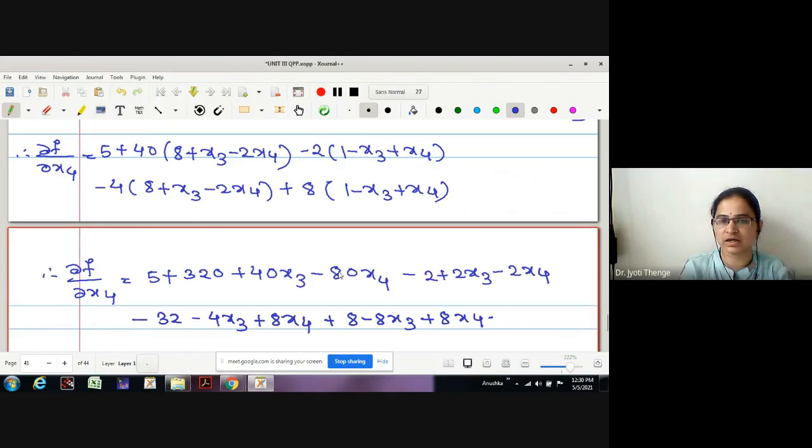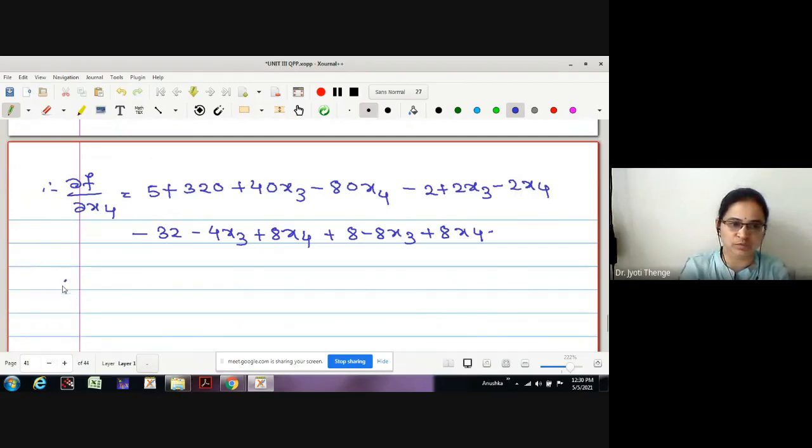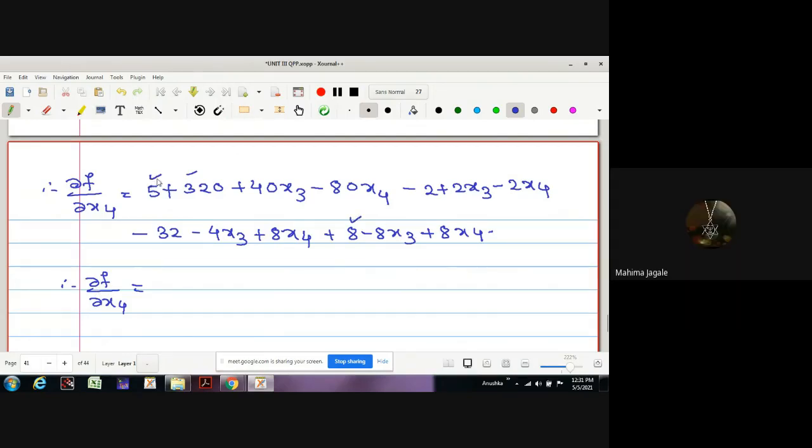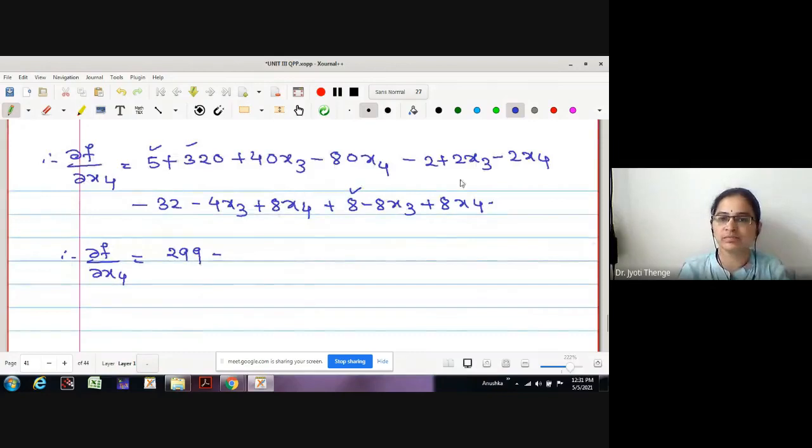Let us collect the constant term and the coefficients of x3 and x4. Constant term: 5 plus 320, 325. Let me select positive terms. 325 plus 8, 299, ma'am. Good, this is 299. What for x3? 40 plus 2, 42, minus 12 again, plus 30, no?